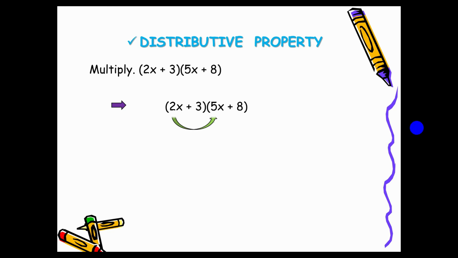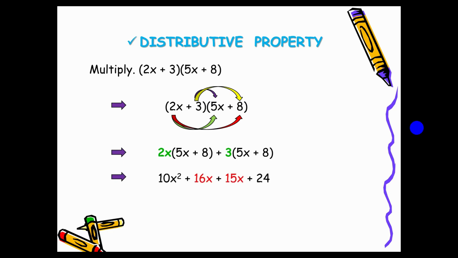So 2x times 5x. Next, 2x times 8. Next is 3 times 5x. Then 3 times 8. So here, 2x times quantity 5x plus 8 plus 3 times quantity 5x plus 8. So this will become 10x squared plus 16x plus 15x plus 24.